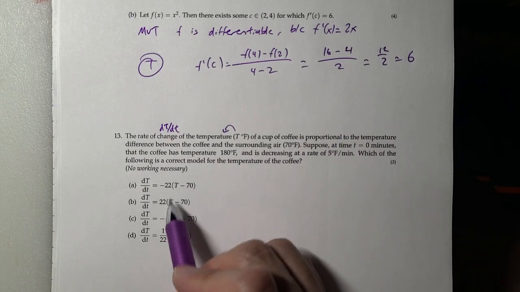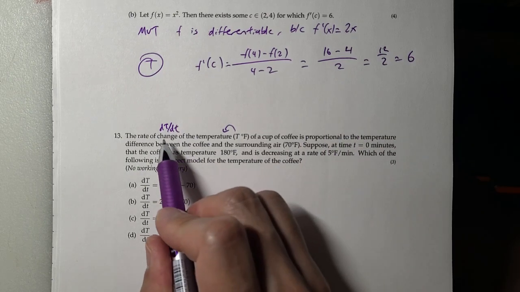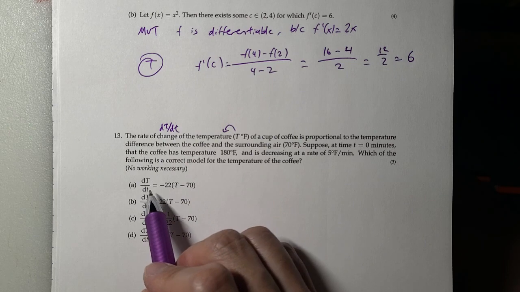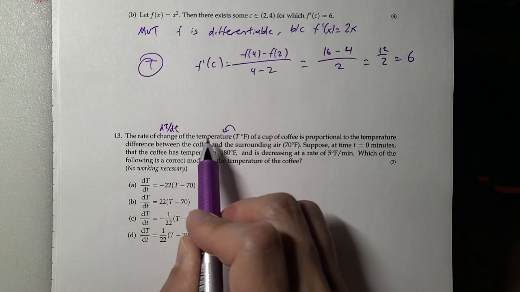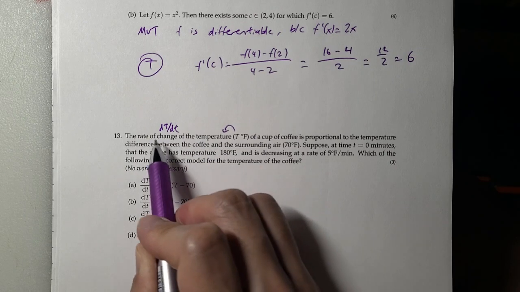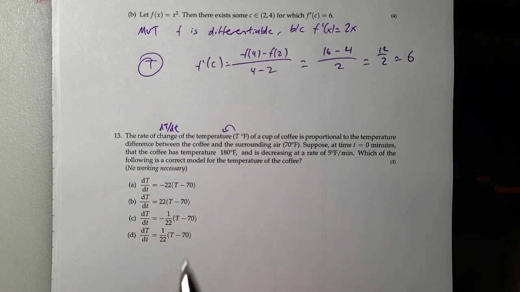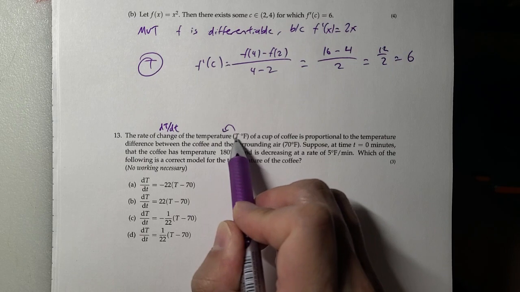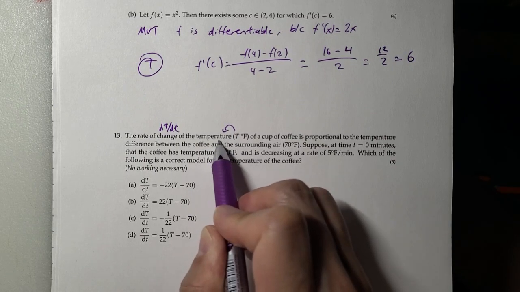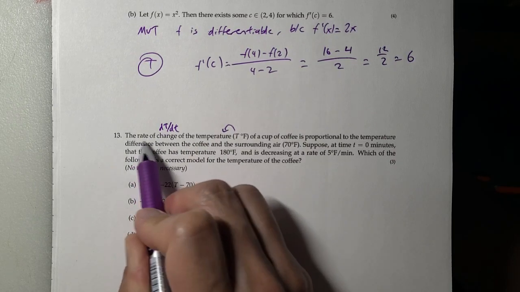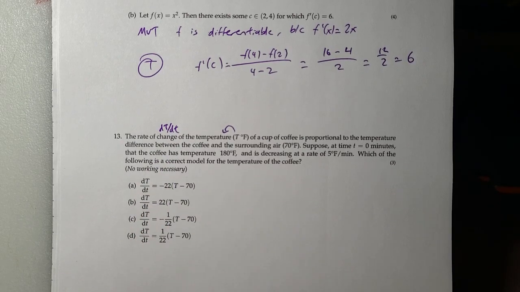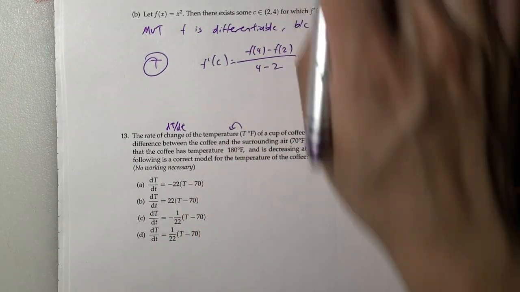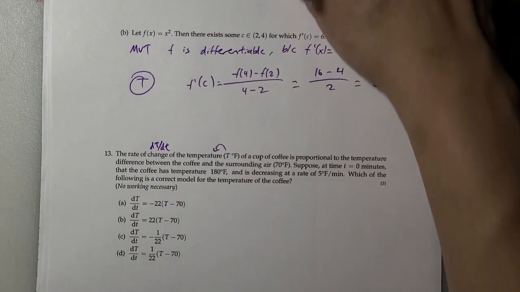That's why I got so lost, because if this is T, then the derivative of T with respect to time is the second derivative of the temperature, how fast the rate of change is changing. But that's not the case. I believe this T is the temperature, and this other rate of change is the derivative of capital T with respect to time. It was very confusing. It took me like 3 whole minutes to figure that out.